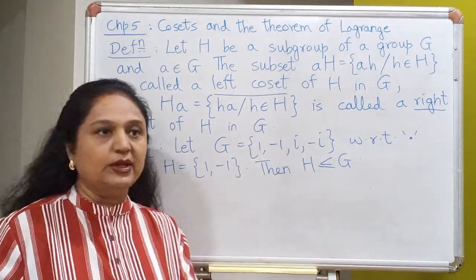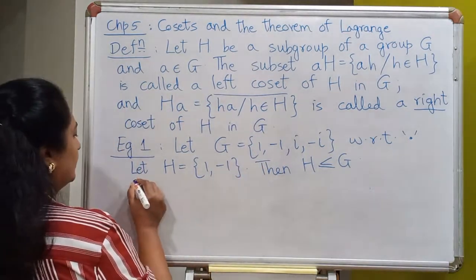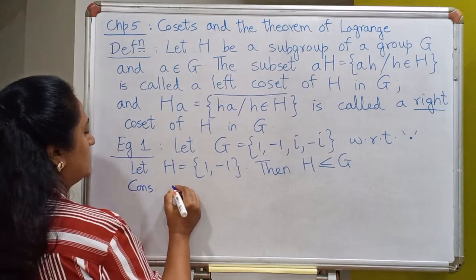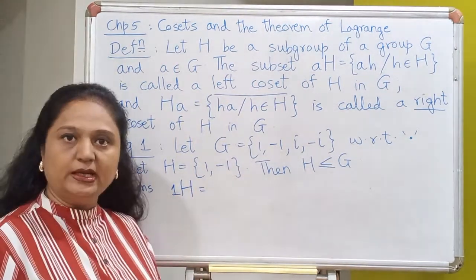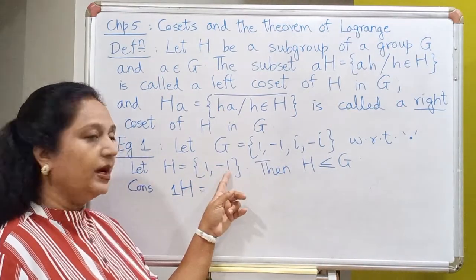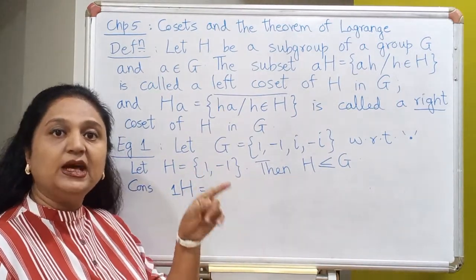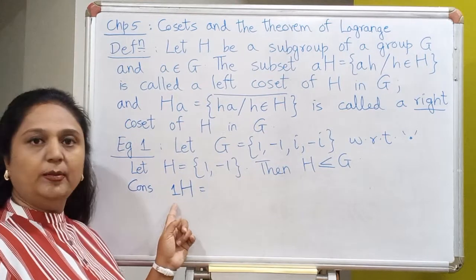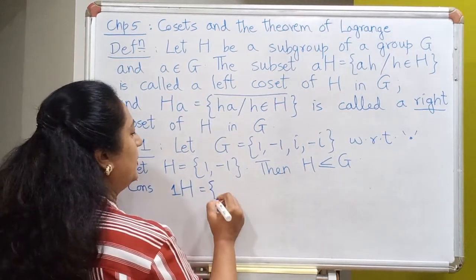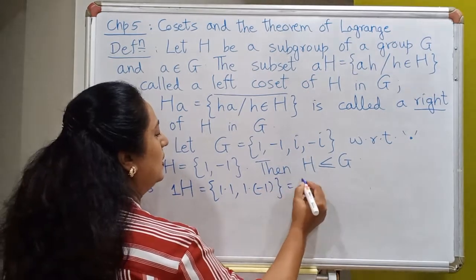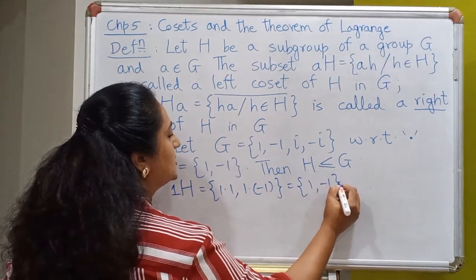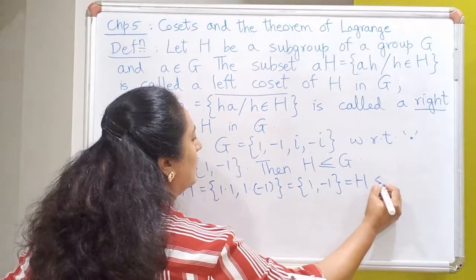So let me start with the left coset 1H. Consider the left coset 1H. One way of looking at it is, you multiply every element in the subgroup H from the left by the element 1. So this will be 1 times 1, 1 times minus 1, which gives us the set {1, minus 1}.